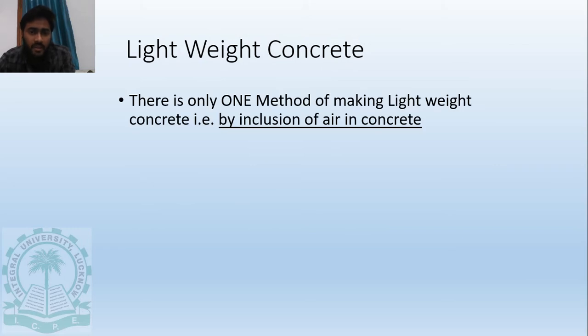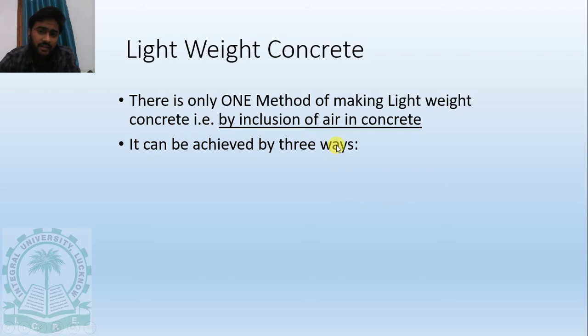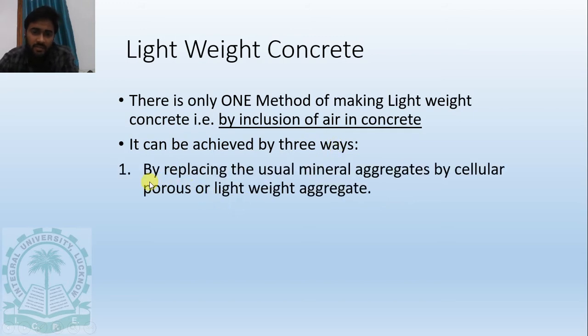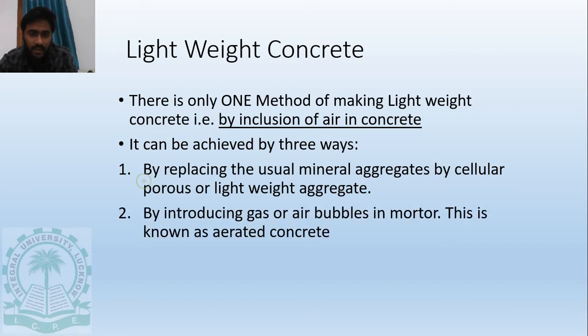There is only one method of making lightweight concrete, that is by inclusion of air, and this can be done in three ways. The first one is by replacing the usual mineral aggregates by cellular or porous lightweight aggregates. The second one is by introducing gas or air bubbles. This type of concrete is known as aerated concrete.